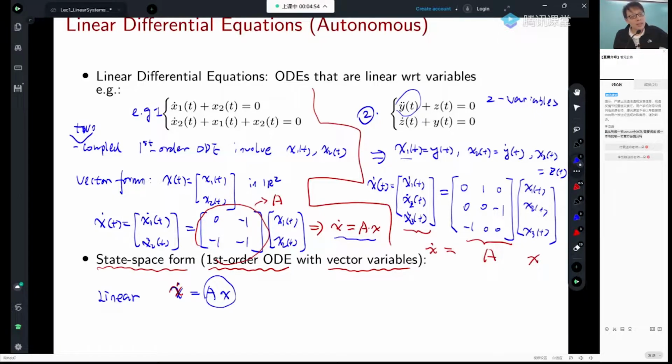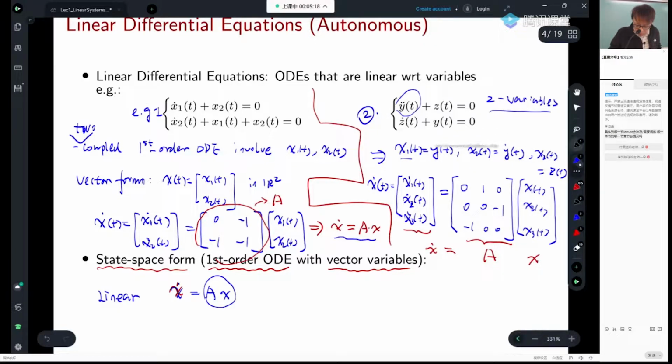And then at the next time you specify the velocity, and you know the next place, and how its motion is. So we reduce high order derivatives to first order, and the sacrifice you make is to increase the dimension of your system. Okay, so we can always write like this.